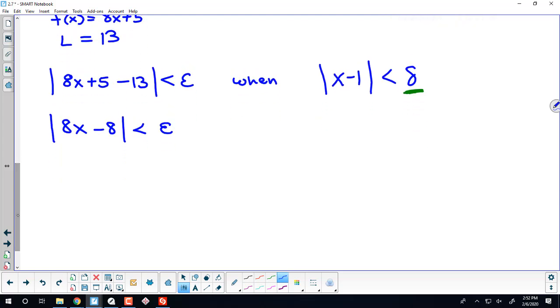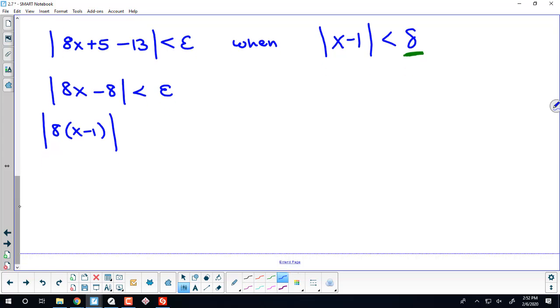And in the most straightforward cases, you'll see what happens is we're going to factor this 8 out. The absolute value of 8 is just 8. Sorry, less than epsilon. And in the most straightforward cases, what happens is this.